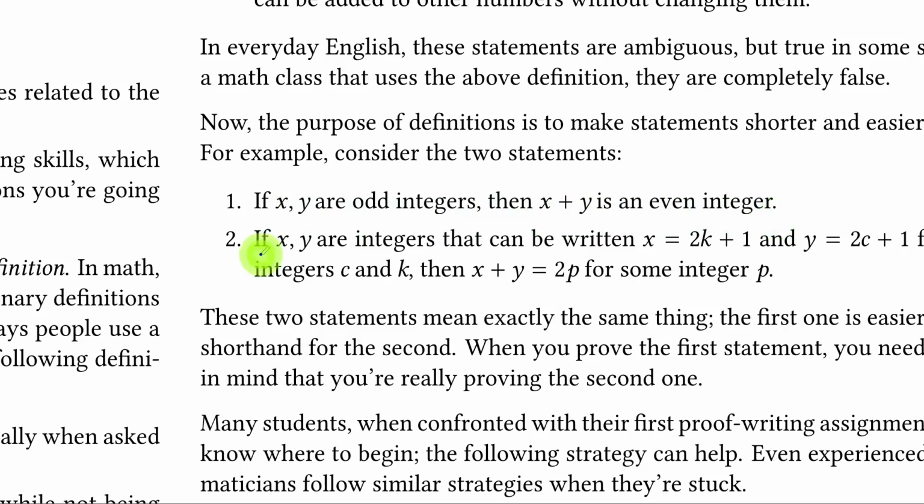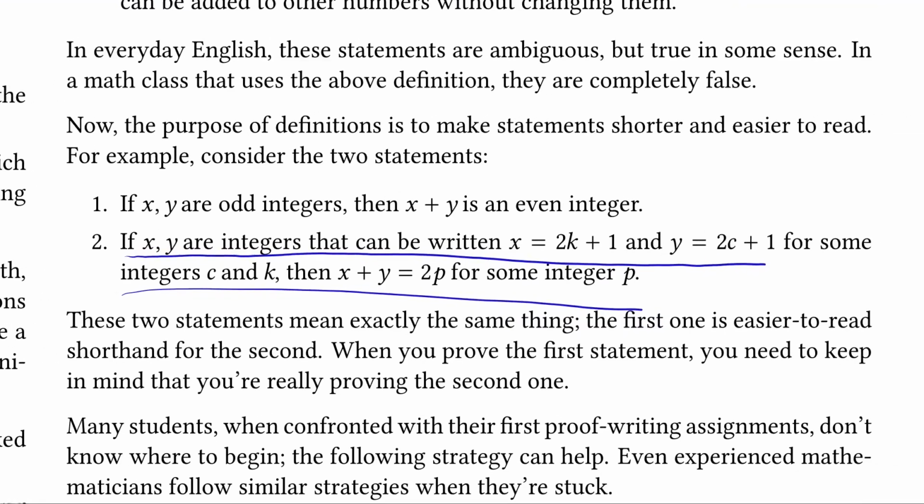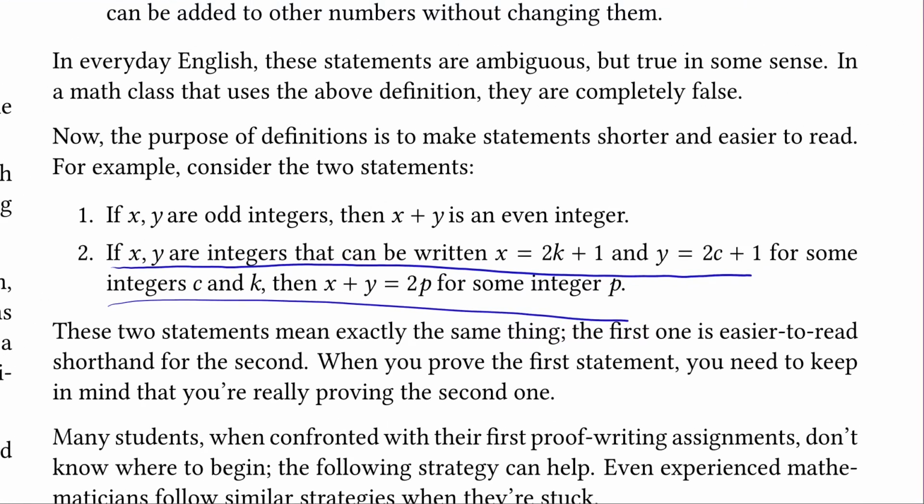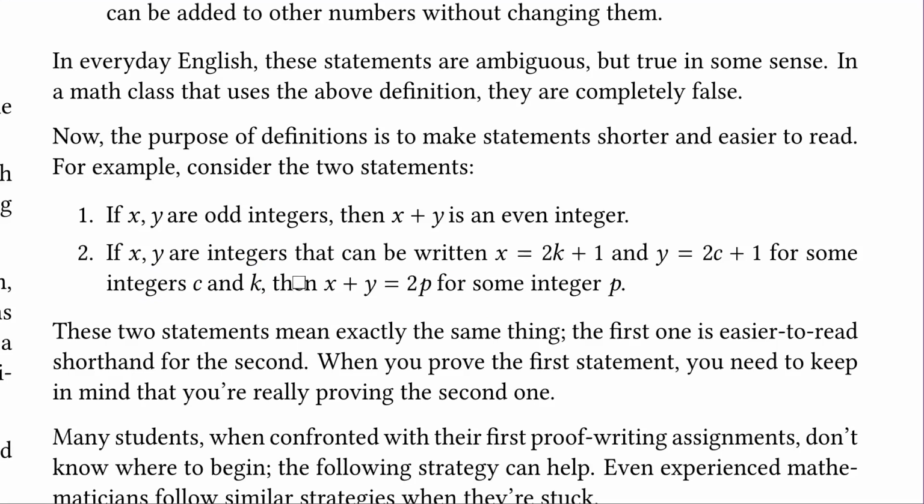If we didn't have definitions for terms, we would just be writing everything out the long way like this. If x and y are integers that can be written x equals 2k plus 1 and y equals 2c plus 1 for some integers c and k, then x plus y equals 2p for some integer p. And that is also correct. It means exactly the same thing as 1.